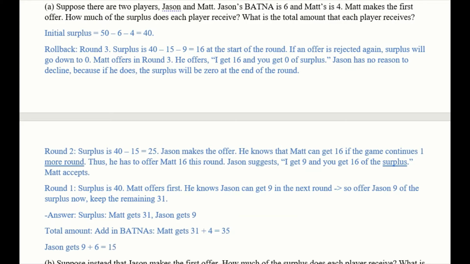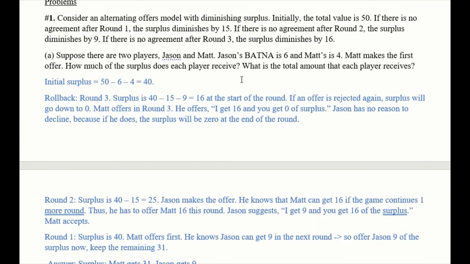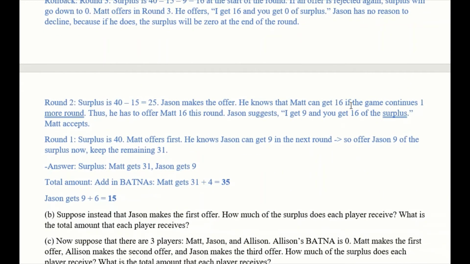That comes out to 15. I mentioned in the video that one way to check yourself is that the total amounts sum to the original value. So here we have 35 and 15. We start with a total value of 50. 35 plus 15 equals 50, so that sounds right.